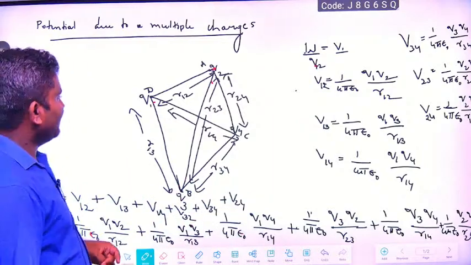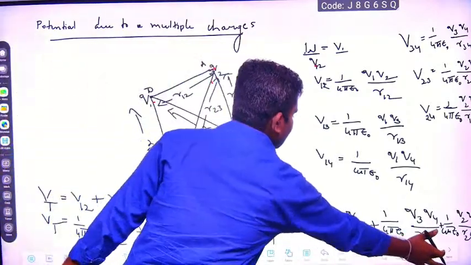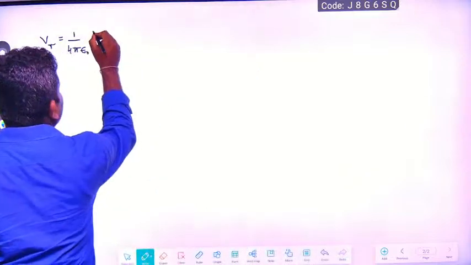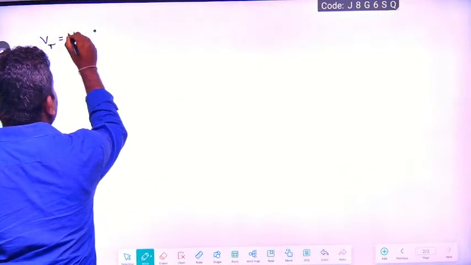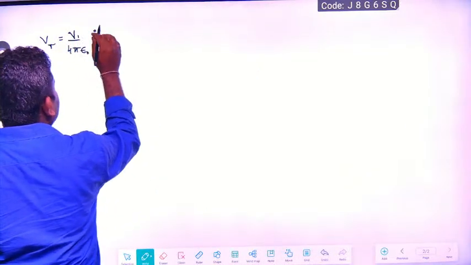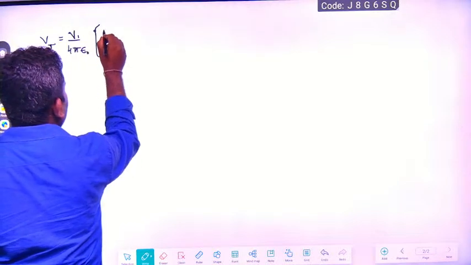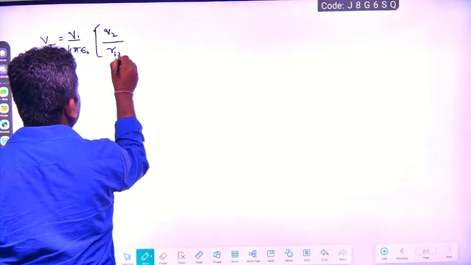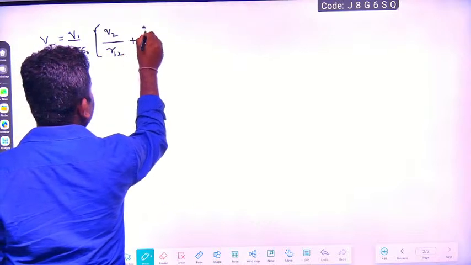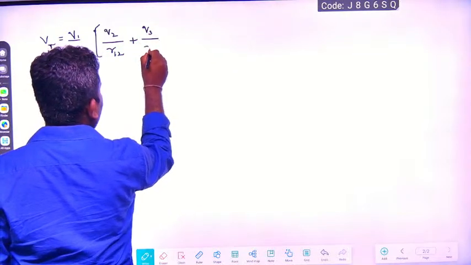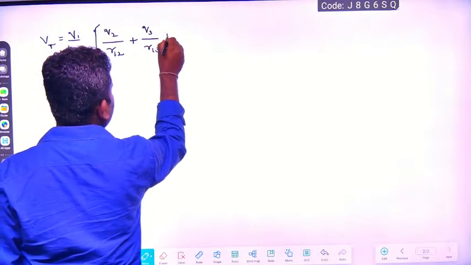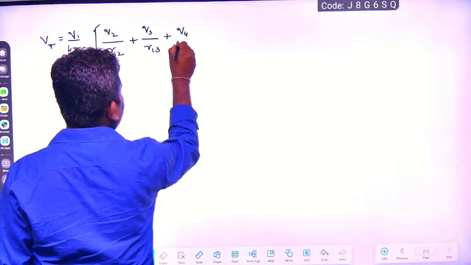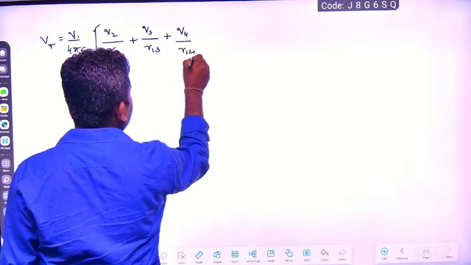Understood? Okay. So 1 by 4 pi epsilon naught, Q1 is common. That is Q1 divided by 4 pi epsilon naught. Now Q2 divided by R12 plus Q3 divided by R13 plus Q4 divided by R14.